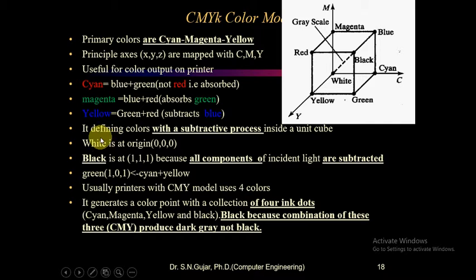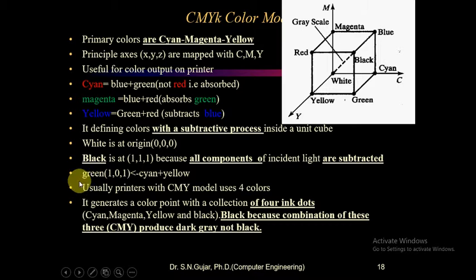If we define a color with the subtractive process inside the unit cube, white is at the origin 0 0 0, that is x equal to 0, y equal to 0, z equal to 0. Black is at the top, 1 1 1, because all the components of the incident light are subtracted.